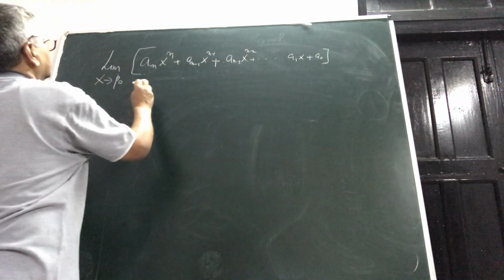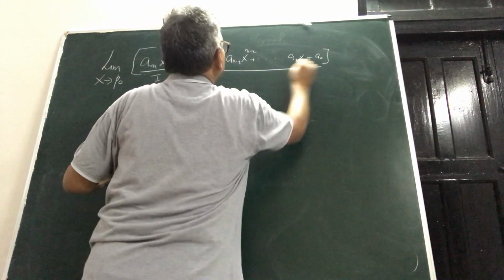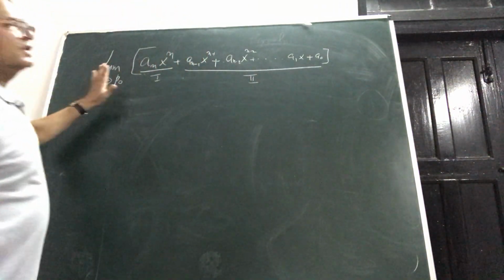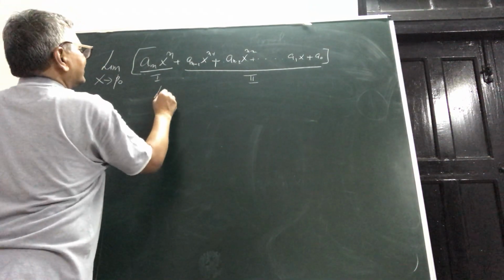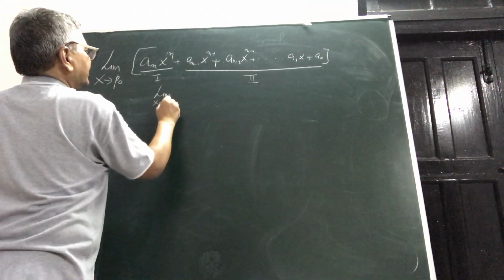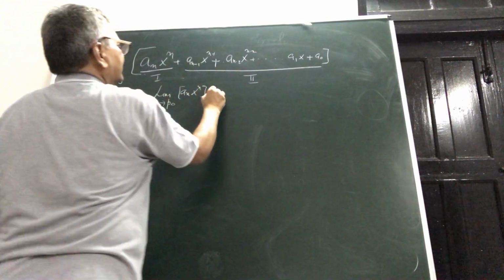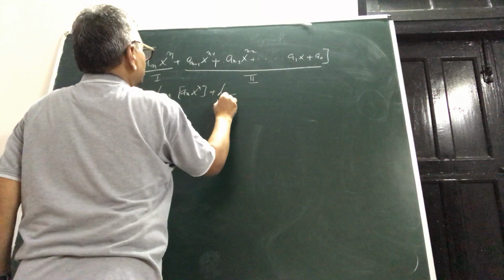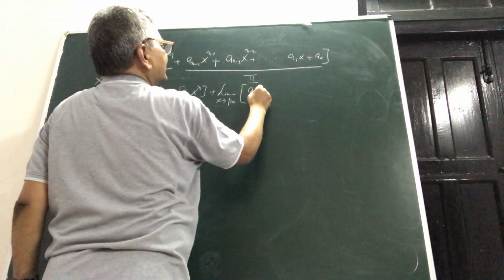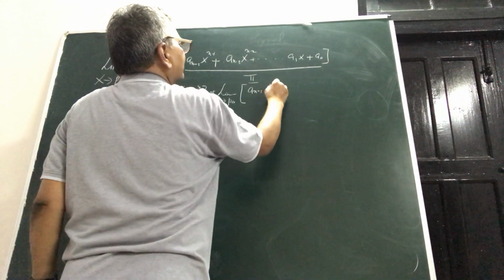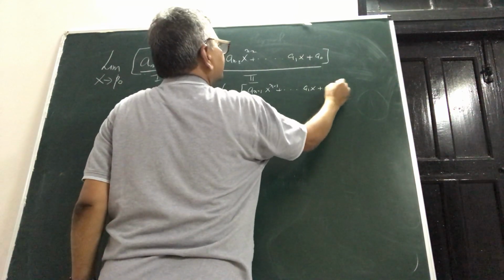How? This is the first function, and let us assume the whole remaining part to be the second function. The limit of the sum of two functions is equal to the sum of their individual limits. So I can write limit x tending to p naught of a_n x raised to power n, plus limit x tending to p naught of the rest, that is a_(n-1) x raised to power n-1 plus a1 x plus a naught.